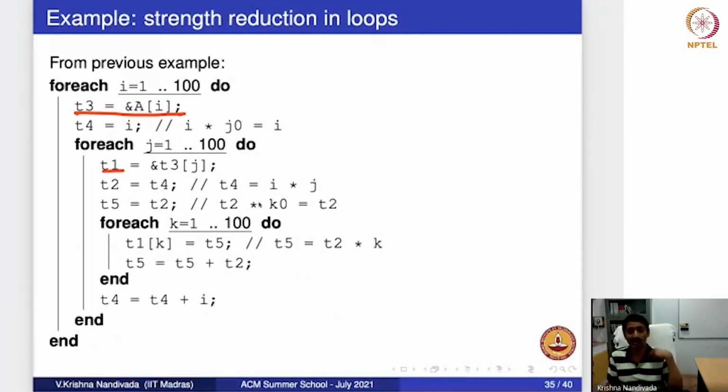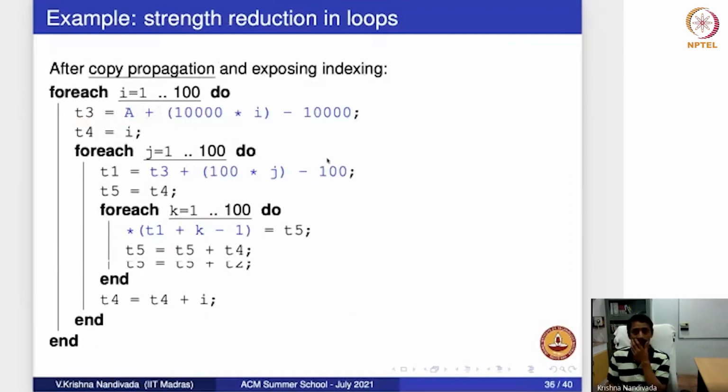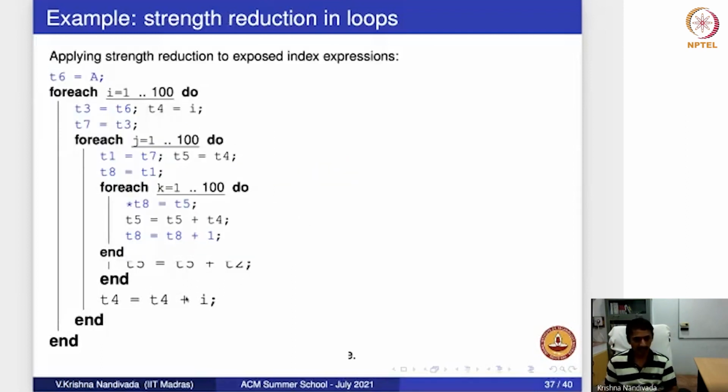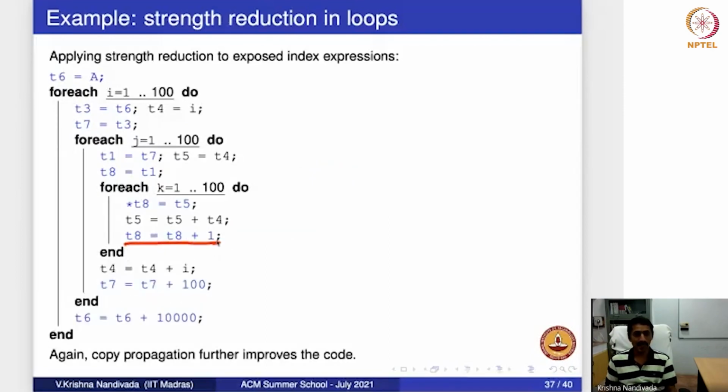But remember, when I have to increment the address, I have to be slightly more careful. I'm incrementing the address here. For the outer loop, I will increment the address by 100. For the outermost loop, I'll increment the address by 10,000.